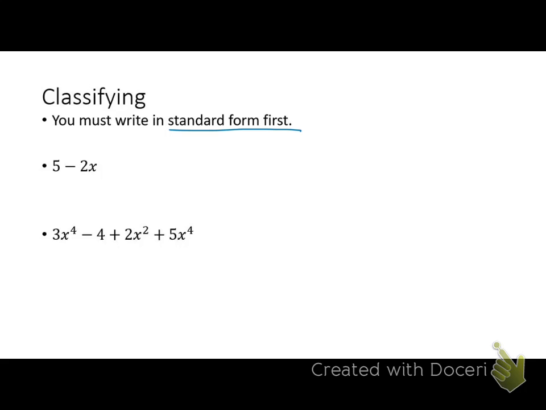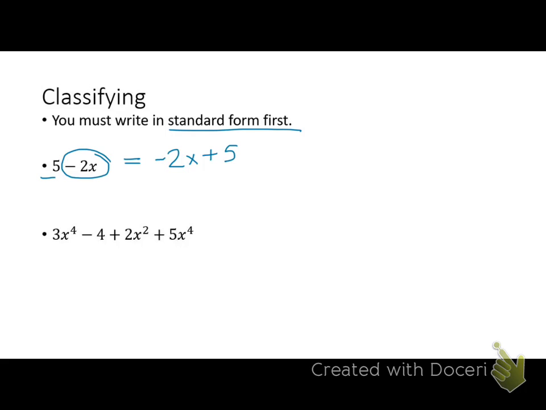So first off, remember when we rewrite these for standard form, we need to write it to where the sign in front comes first. So for this one, this would be negative 2x. 5 is positive out here, so I'm going to write plus 5. Okay. If you look back at our table now, first I need to decide my degree.